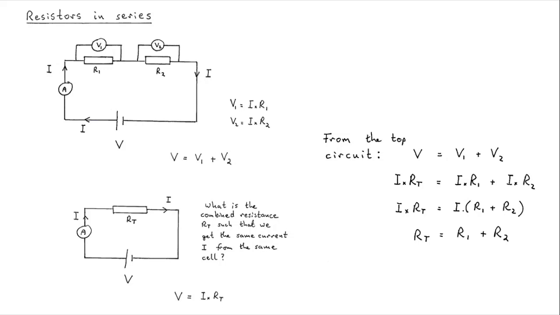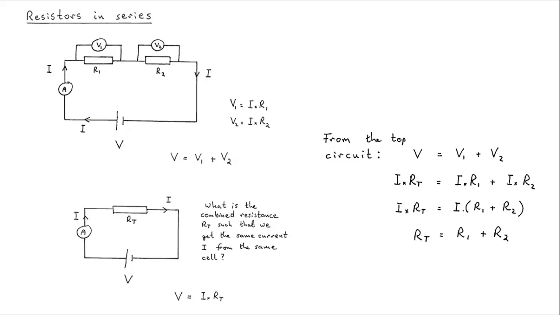V equals V1 plus V2. And of course it's the same current through each resistor. So can you see the two equations I've written? V1 equals I times R1, V2 equals I times R2.